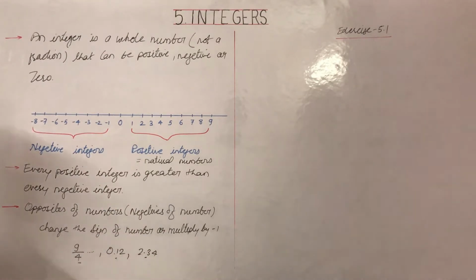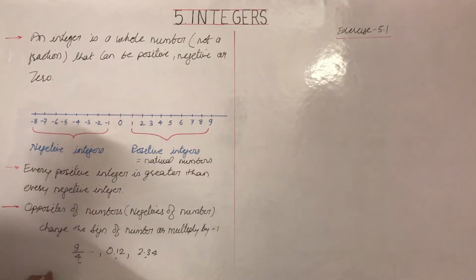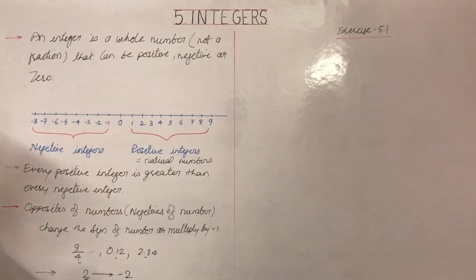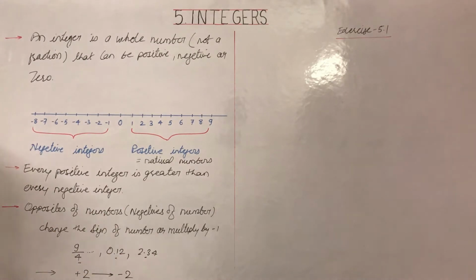For example, opposite of 2 will be -2, because without a sign it's a positive number. So +2, just change the sign or multiply this number by -1, you will get the opposite.